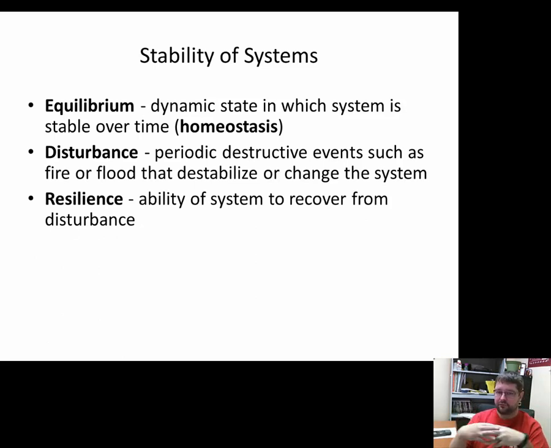Resilience is the ability for the system to recover and return to its normal equilibrium. Different systems have different capabilities. If you look at things like Wyoming sagebrush steppe, and you look at trails that have been made through the sagebrush steppe, the resilience of the soil to snap back to its equilibrium state is not very good.